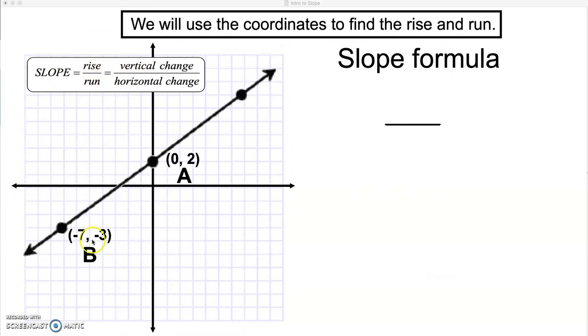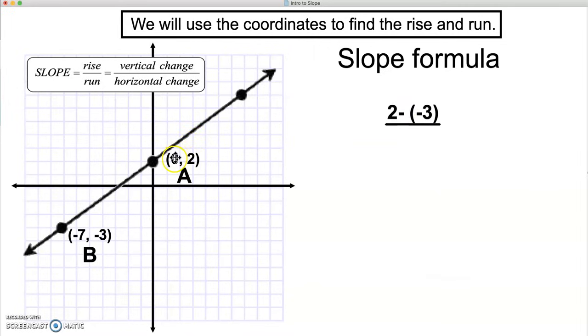We can use our coordinates to find the slope. The rise is affected by the y values. The run is affected by the x values. So we can use those coordinates in a formula to find the slope. We know from this that if we want to find the slope from A to B, we could use the coordinates 2 and -3, which are the y coordinates of the points, to find the rise.